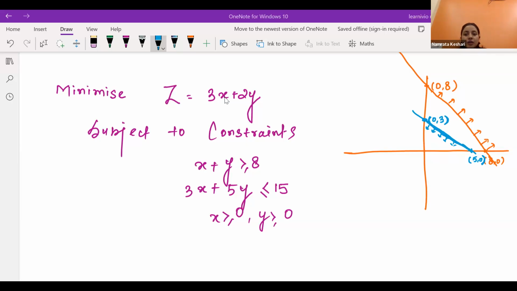We are not having the common shaded portion, and hence finding the optimal solution is not possible, right? Yes. Optimal solution means minimizing or maximizing, whatever it says, that is not possible.